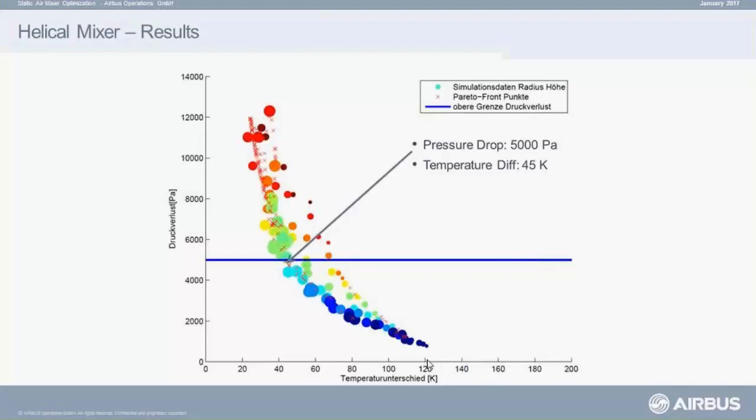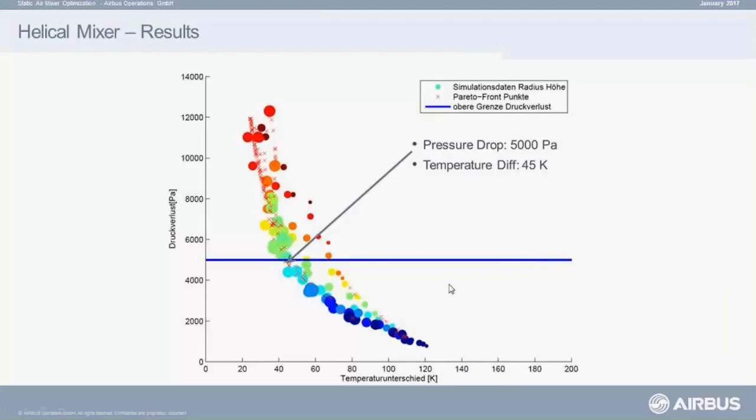You can either choose between a high temperature gradient here in the lower right-hand corner, where you have a small pressure loss, or you have to go into the other direction where you have a high pressure loss, but a low temperature difference. So these are conflicting targets, and the purpose of the optimization is now to find out the best compromise between these 2 conflicting parameters.